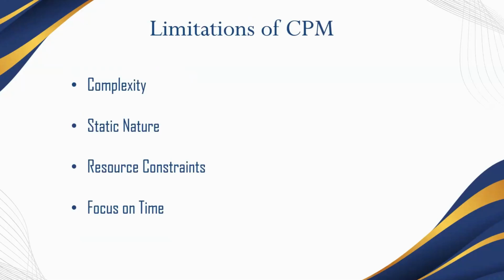Limitations of CPM. Complexity. CPM becomes very complex for a large project due to the tasks and the dependencies. Static nature. In static nature, activity duration is assumed to be fixed, and CPM does not take into account resource constraints that may be needed for the project and hence have an impact on the sequencing.